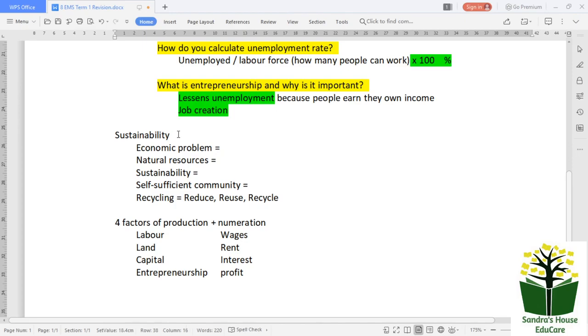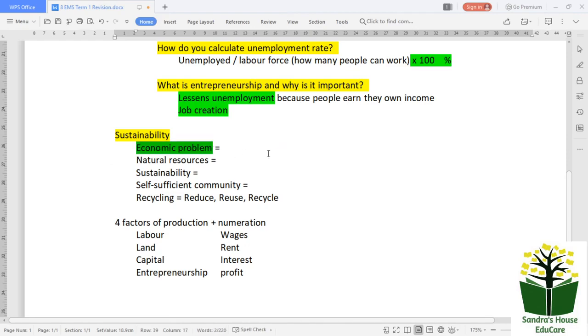So now, I'm sure you've heard of sustainability. It's quite a buzzword at the moment because it's something very important to look at for the future of our planet. But linking up with unemployment as well, we've got an economic problem.